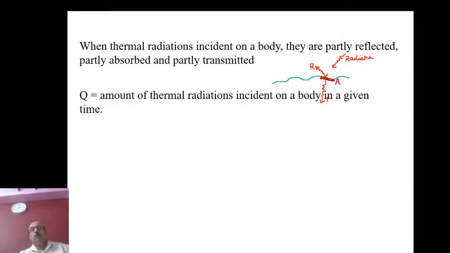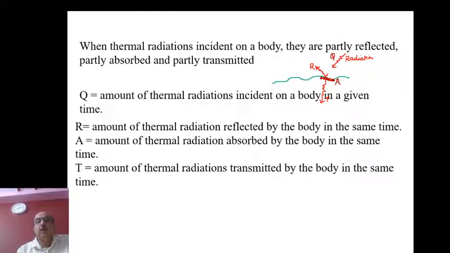So, if Q amount of thermal radiation is incident on the body at a time, R is the amount of thermal radiation reflected by the body as shown in figure, without any loss of time. It means it is instant.